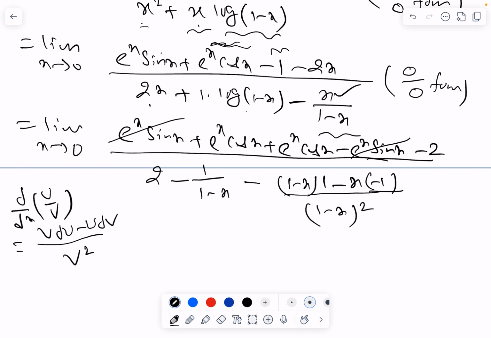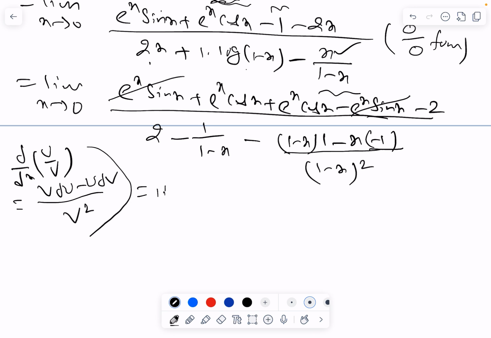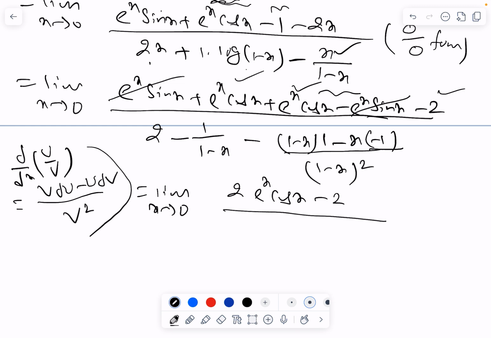So what remains is limit x tends to 0, e power x cos x, e power x cos x, so 2 e power x cosine x, then minus 2, this is 2 minus 1 over 1 minus x, and now simplify, x minus and x plus cancel. So this is minus 1 over 1 minus x square.